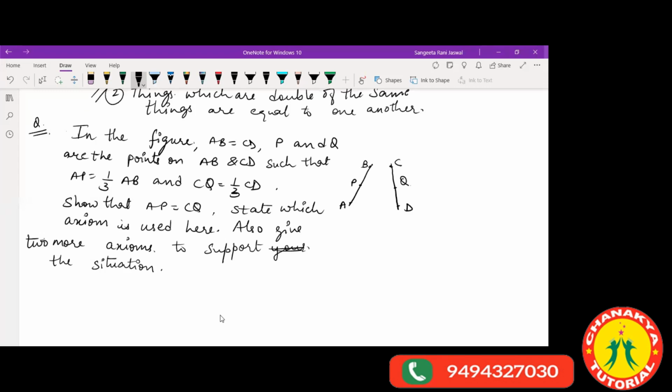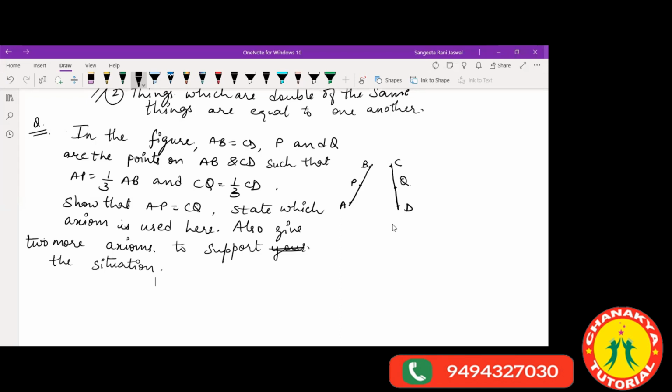Just read the question, understand the question first. In the figure AB and CD, these two lines are given. It is said that P and Q are the points on these two lines such that AP is 1/3 of AB and CQ is 1/3 of CD.